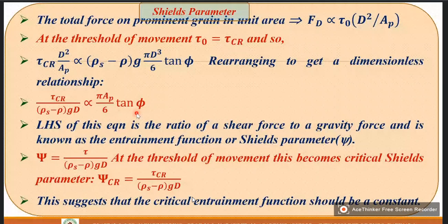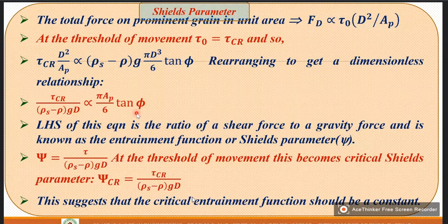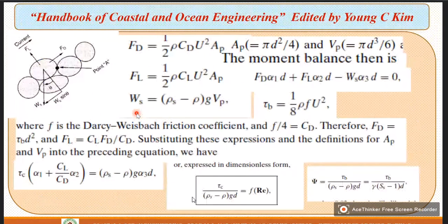Now the actual value of psi, from the shear stress developed as a result of the flow, if it is higher than psi critical, then it will lead to displacement, movement. So that is what we will see now. The same thing I have explained there is shown here.